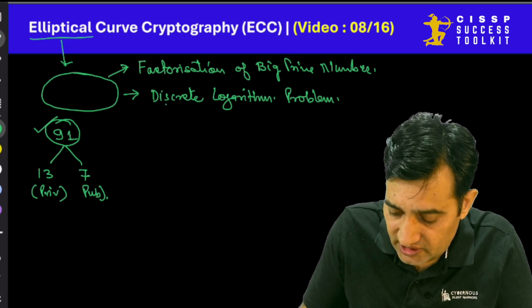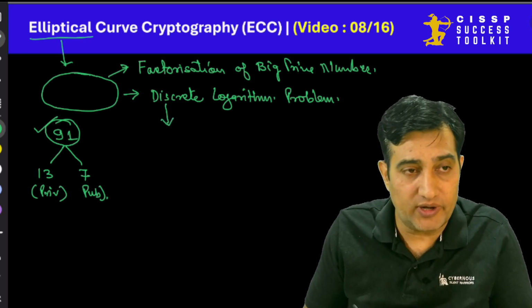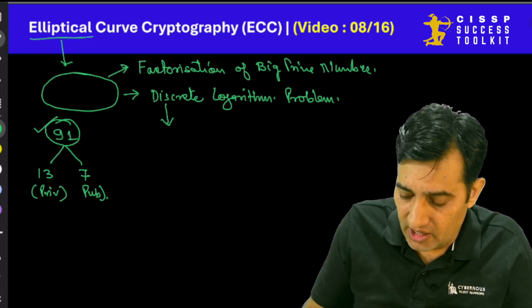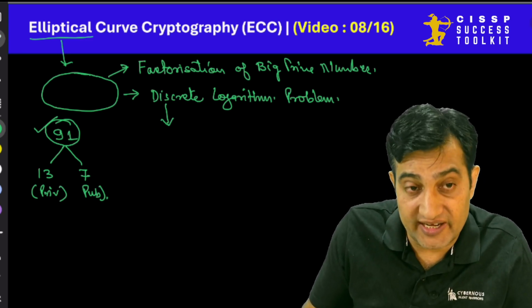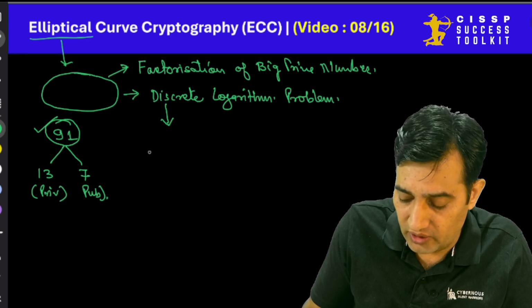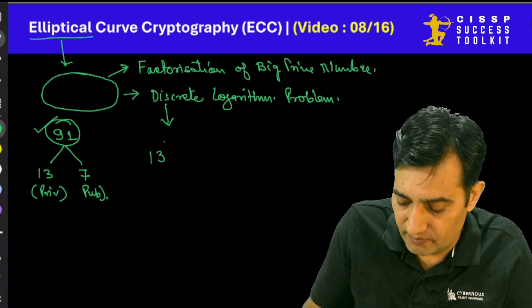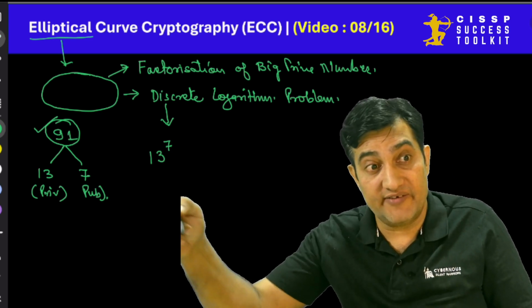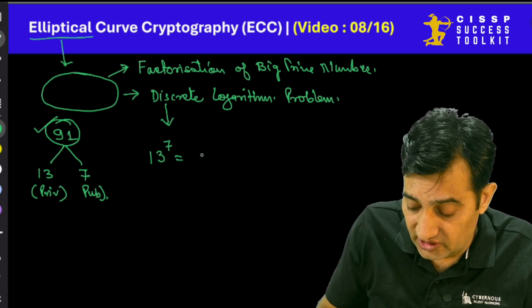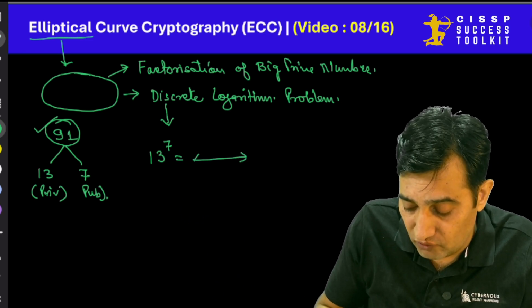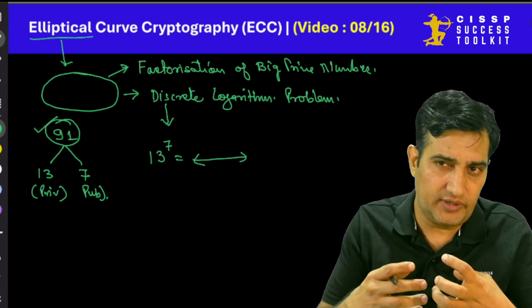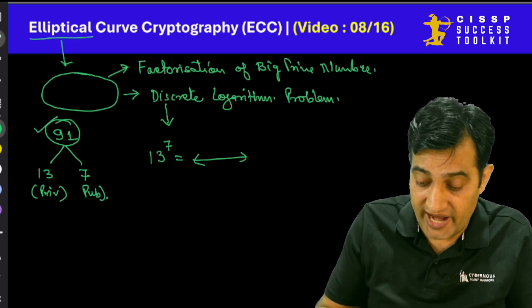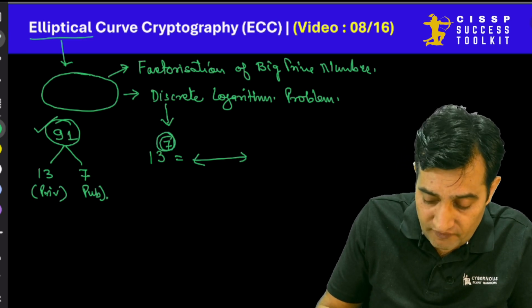Now if we have to see this elliptical curve cryptography, this is based on the discrete logarithm problem, which means now we are not going on factorization, rather we are going on, let's say, 13 raised to the power 7. So 13 into 13 into 13, 7 times, right? You can see this can generate much more powerful and complex output as compared to the factorization problem, because now we are going exponential. This is some form of exponential thing.